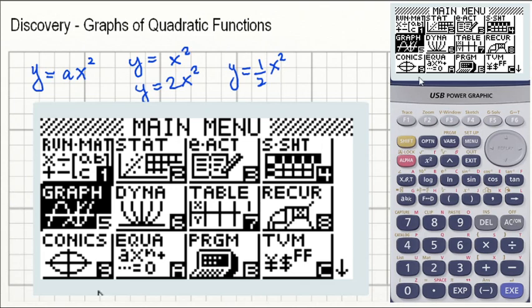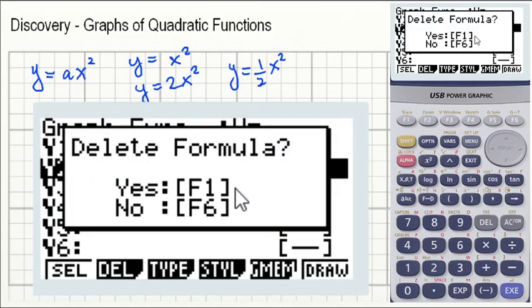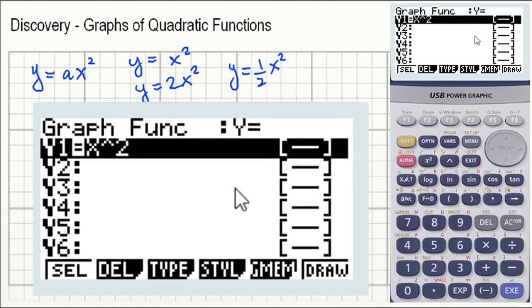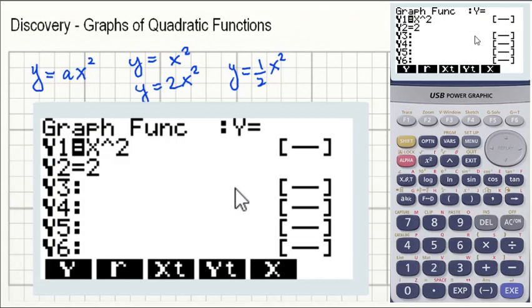So let's open our calculator again, graph, and let's delete those two functions. Oh, well, let's keep this one, and let's now write 2. Sometimes for some calculators you have to type multiply, for some you don't.